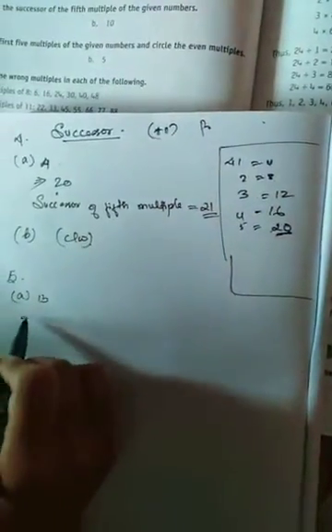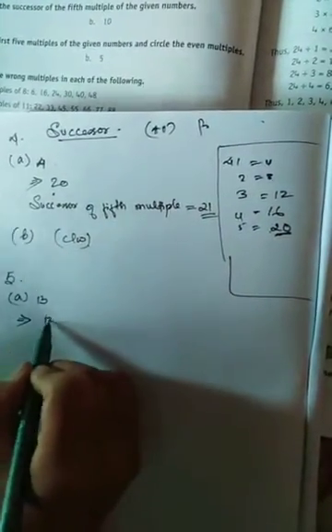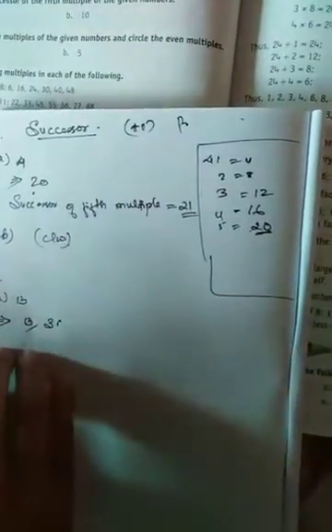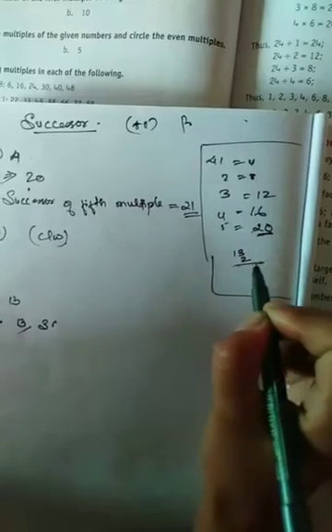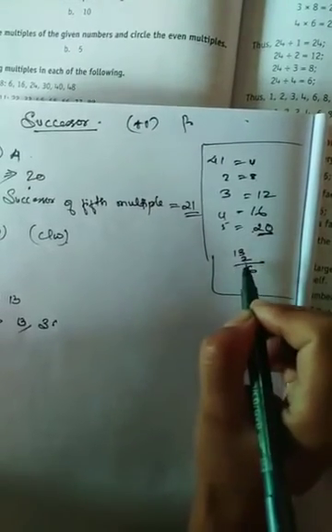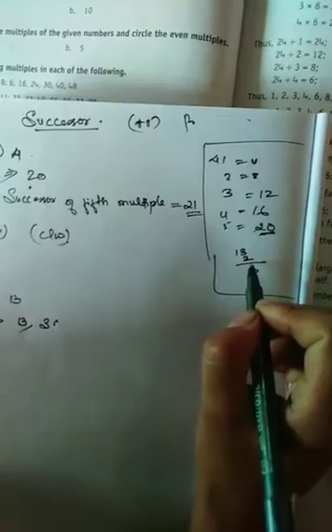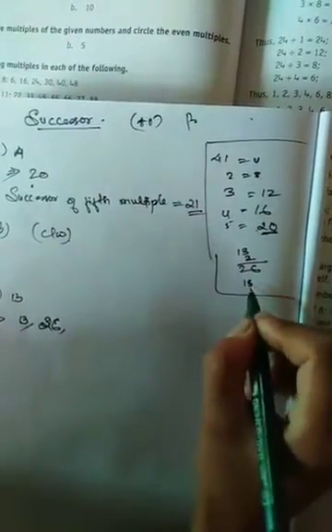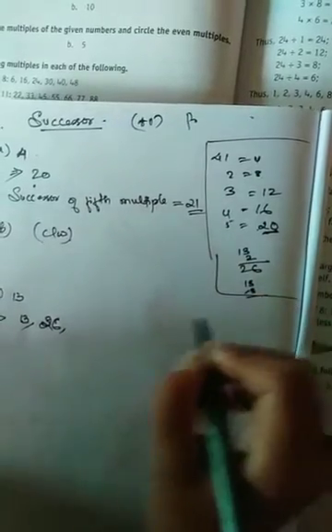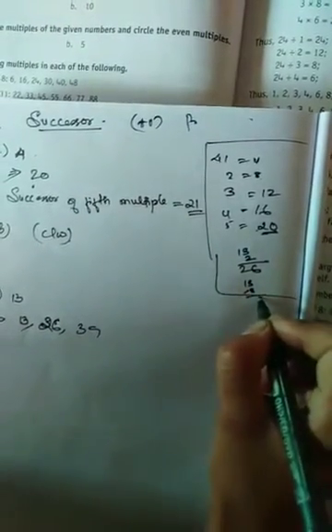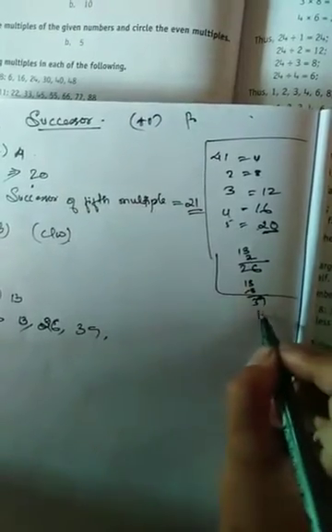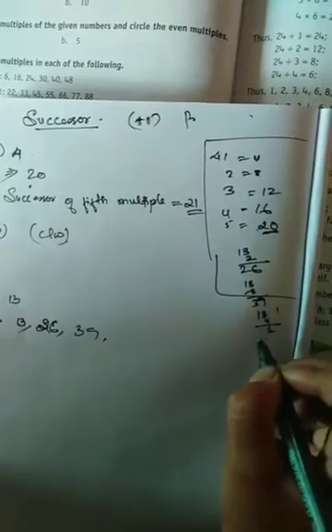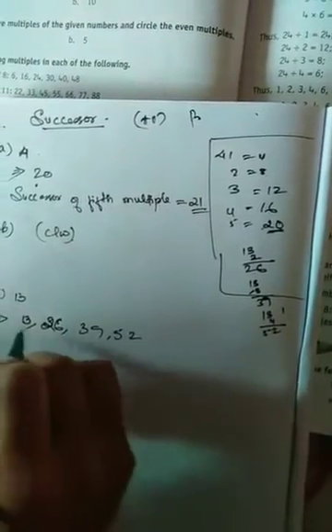So 13 ones are 13, 13 twos are 26, 13 threes are 39, 13 fours are 52. 3 fours are 12, carry 1, and 4 is 4, so 52.